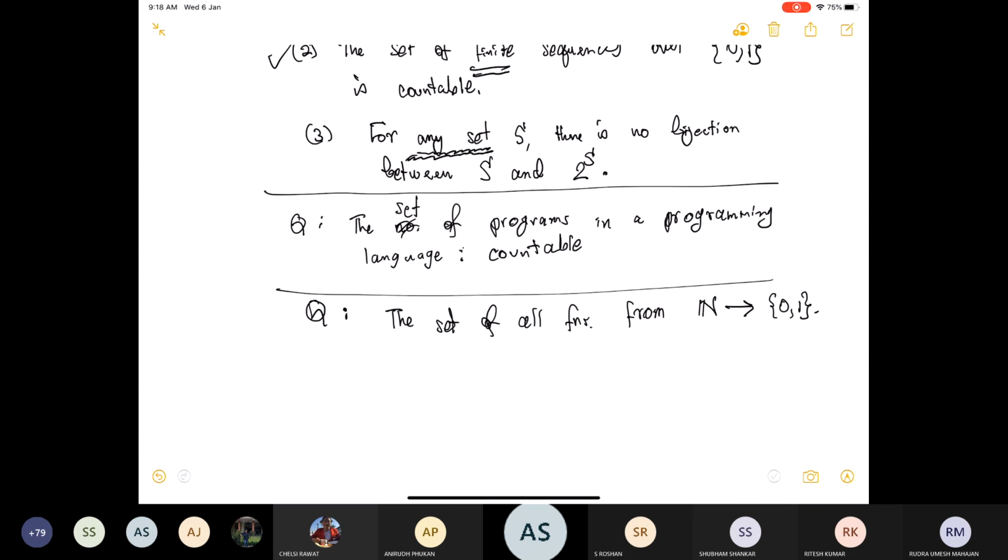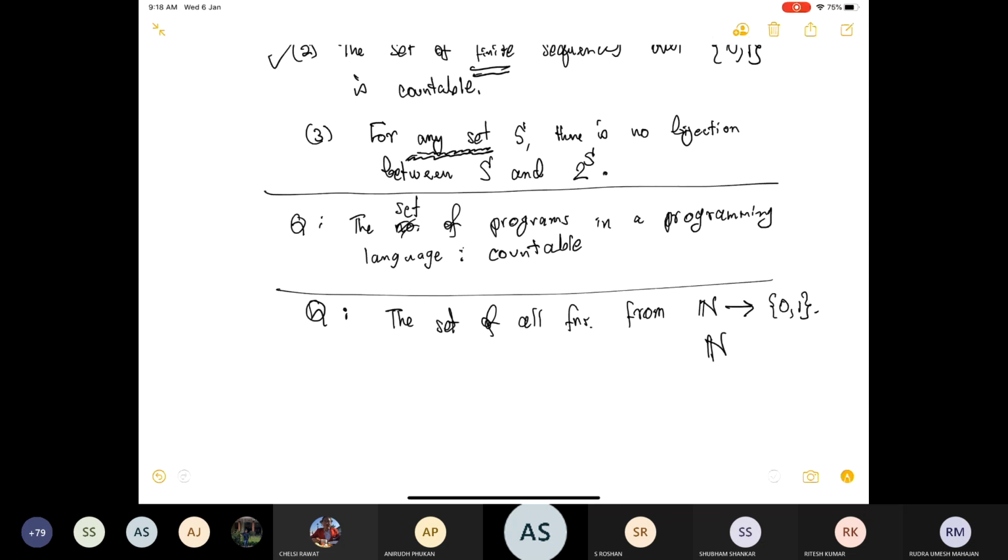So this immediately tells us that there are functions for which there are no programs. In other words, there are functions which cannot be computed by any program. And I'm just talking about functions which evaluate to either 0 or 1.